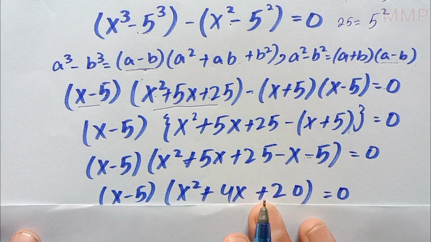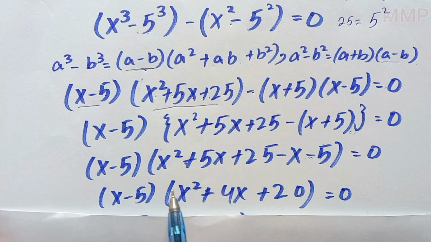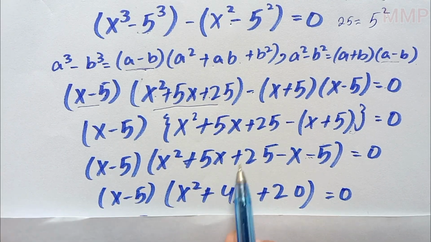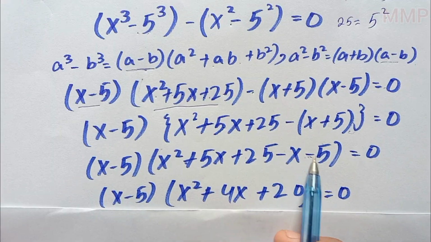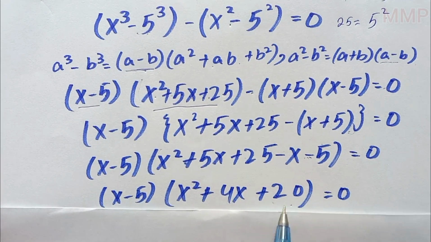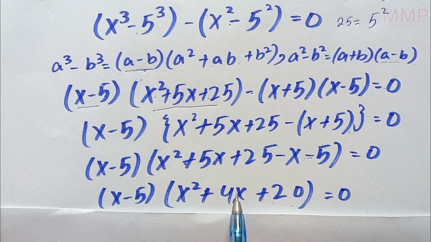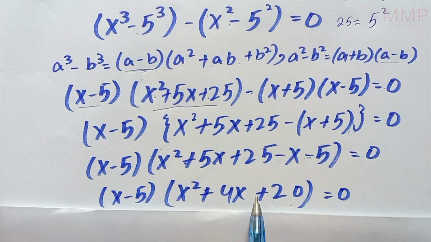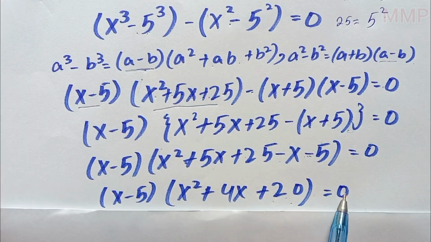Now x minus 5 is common, bracket start, x square plus 5x minus x is 4x, and 25 minus 5 is equal to 20. So x square plus 4x plus 20 is equal to 0.